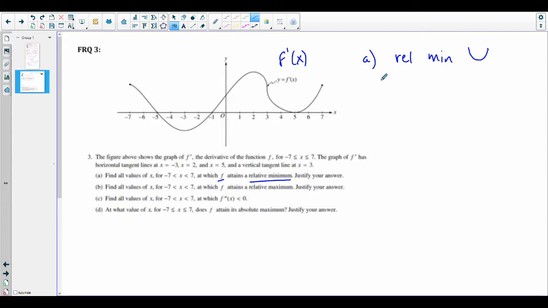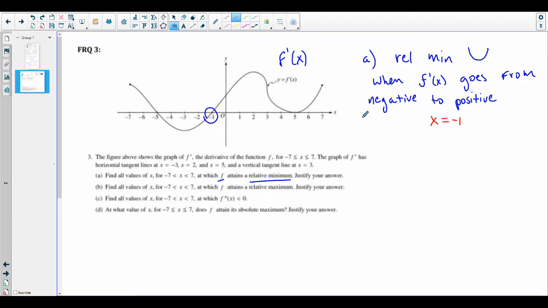So we're going to have a relative minimum when the derivative, the slope, goes from negative to positive. Okay, where does this occur? In this problem, we go from negative to positive right here at -1. So this happens at x equals -1.